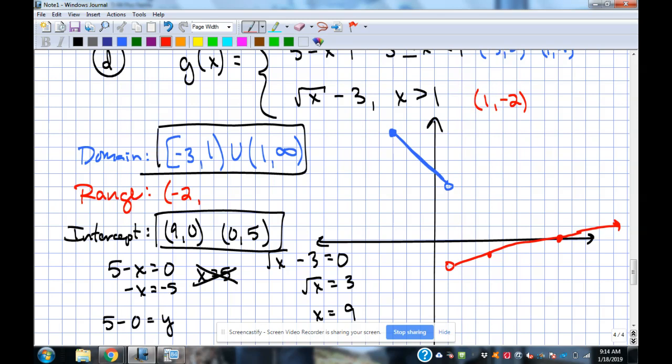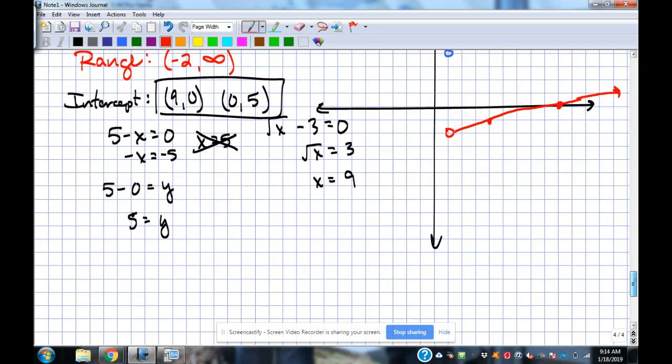It'll be a long time before the red one gets higher than that, but it will get there. So this one is going to go up to positive infinity from -2. All right. Not bad. This is not rocket science.